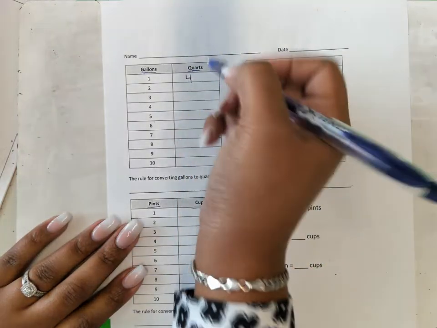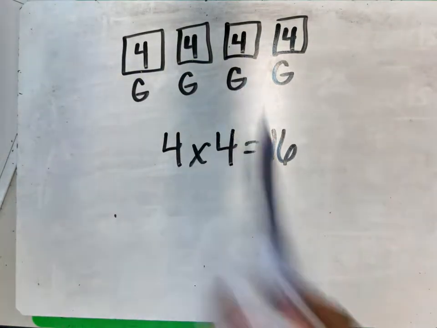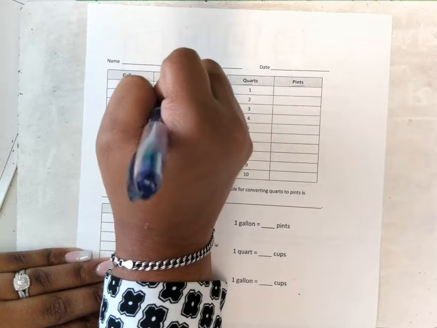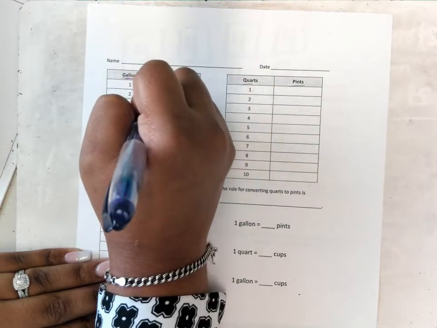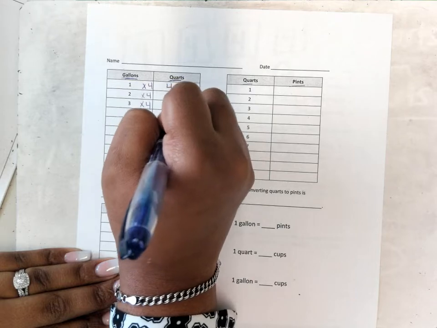My relationship, just like I said, is groups of 4. So I see 1 times 4 is 4. 2 times 4 equals what? 8. 12. 4 times 4 is 16.